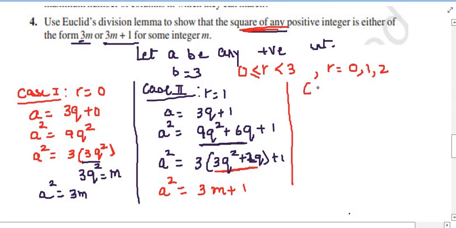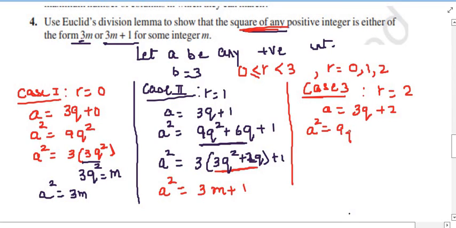Now, case 3, when r is equal to 2. So a will be equal to 3q plus 2. Again squaring both the sides, we will get a square will be equal to 9q square plus 12q plus 4.